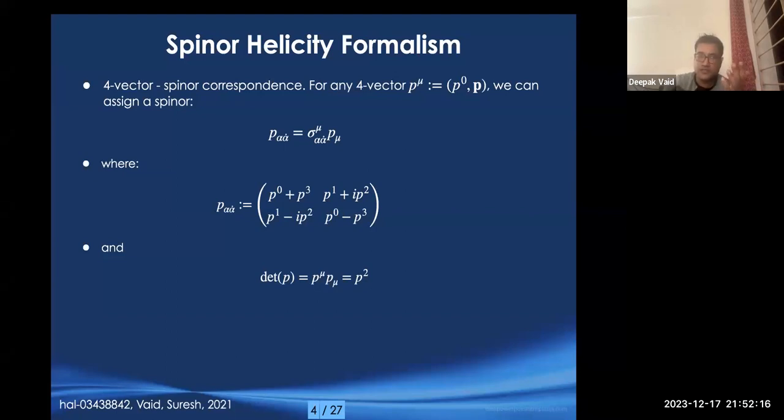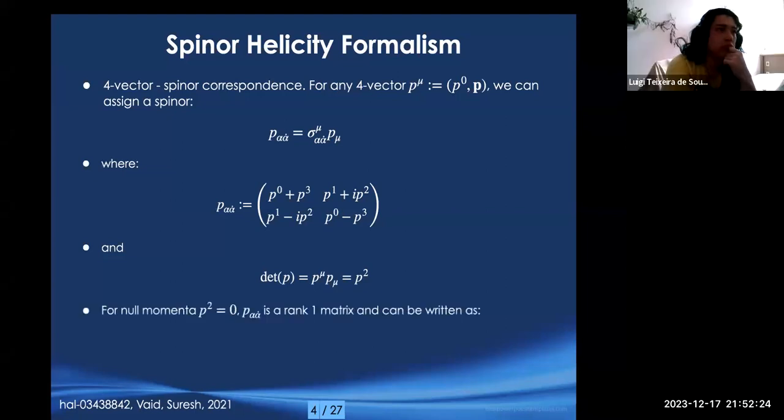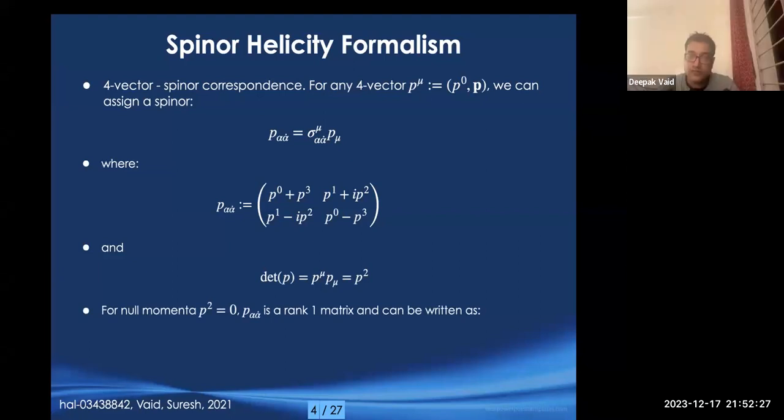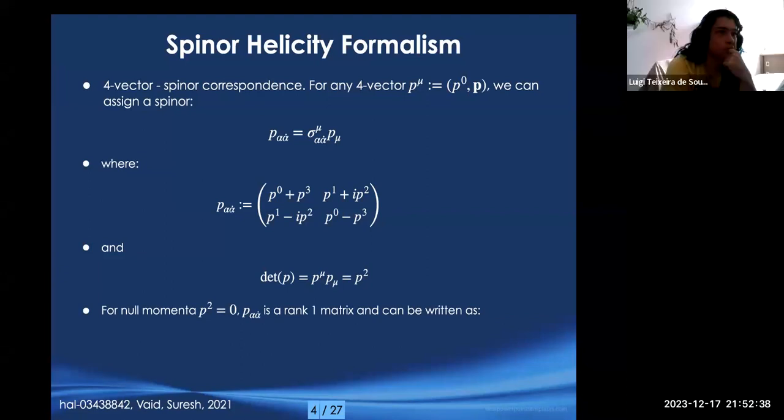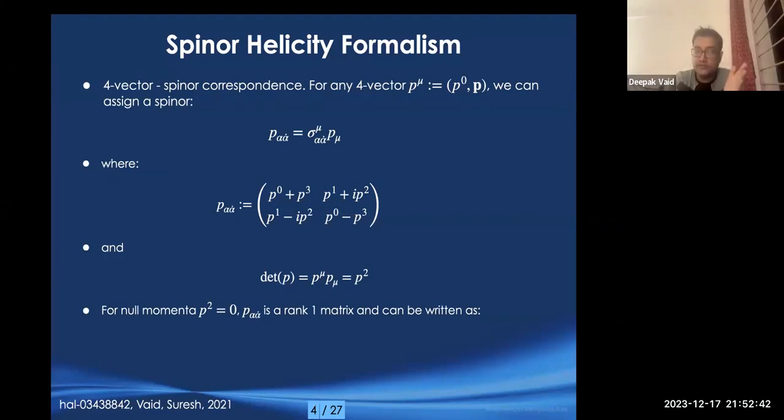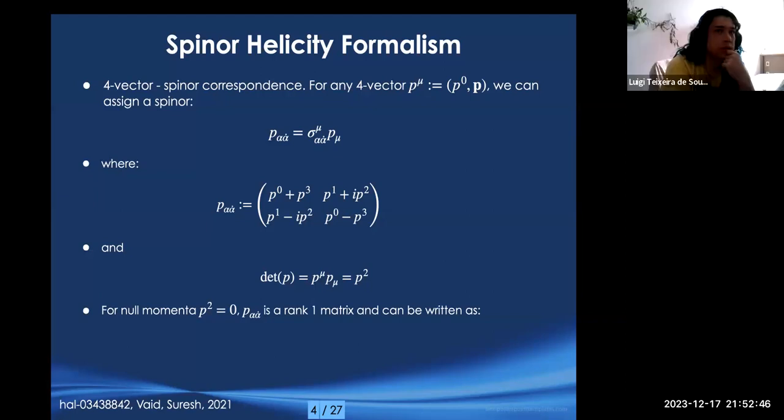This is one of the central ingredients used in Penrose's construction of twistor space also. Now, what we are going to be concerned with are null momenta, those corresponding to massless particles. For null momenta, p squared is 0. If the determinant of a matrix is 0, that tells you the matrix is degenerate, one rank lower.